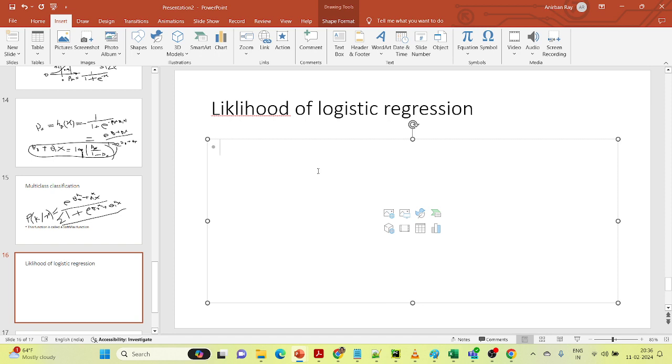The likelihood here is defined as the distribution of the data with respect to the parameters. So let me explain.